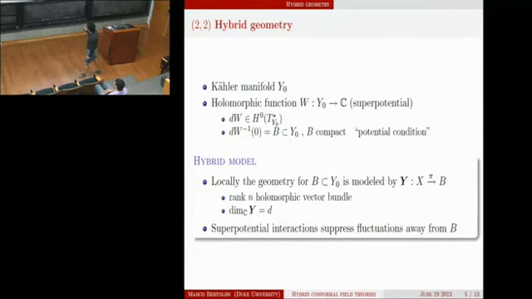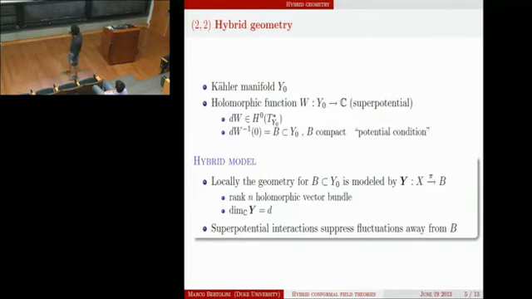So what's the geometric setup? We start with a Kähler manifold Y, why not, with a holomorphic function W we call the superpotential that satisfies this condition. dW is a holomorphic section of the cotangent bundle, and the critical locus of W is a submanifold B, which we require to be compact.